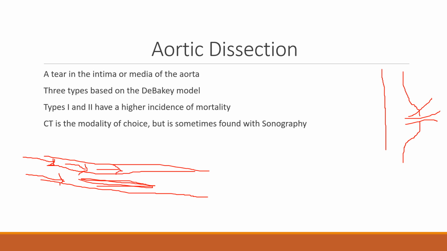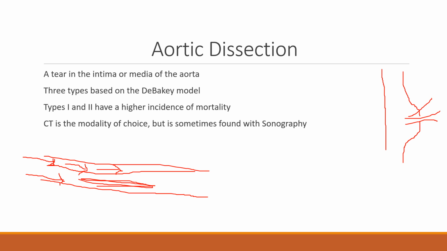And the dissections, there are going to be 3 types of those based on the DeBakey model. The first 2, types 1 and type 2, have a higher incidence of mortality. And CT is what we usually use to see dissections, but we can see them also on ultrasound as well.